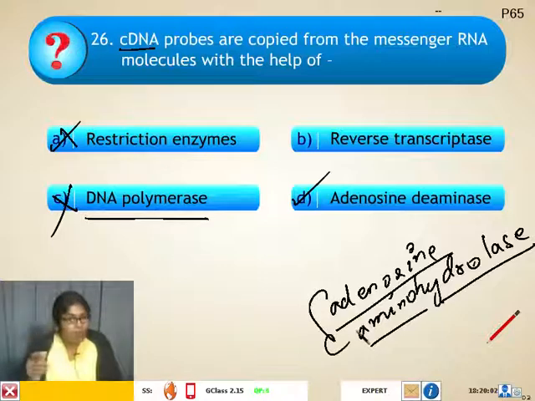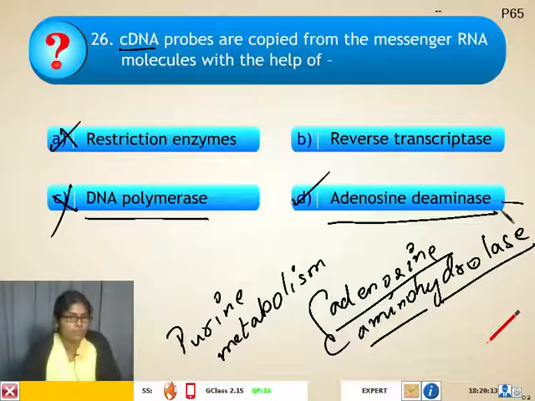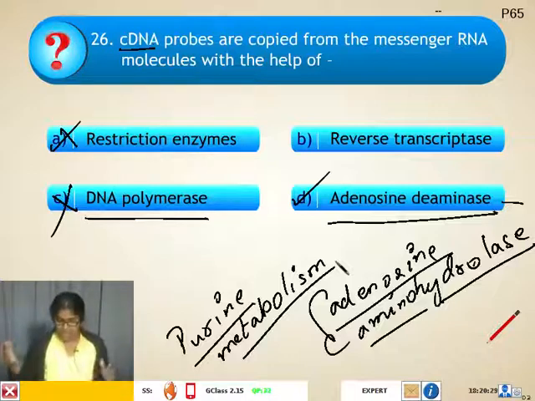This enzyme is involved in purine metabolism. Students, you can take down this option and explanation for this option. So this adenosine deaminase is also called as adenosine aminohydrolase, and the function is that this enzyme is involved in purine metabolism, that is adenosine and guanosine metabolism. Clear? So again, this is not the enzyme we are looking for. So adenosine deaminase is out.